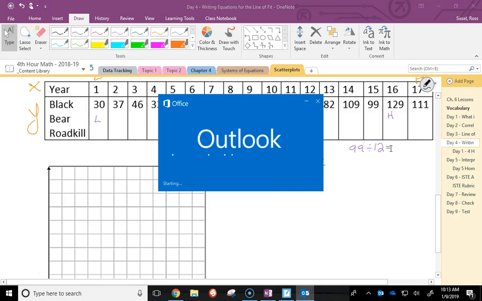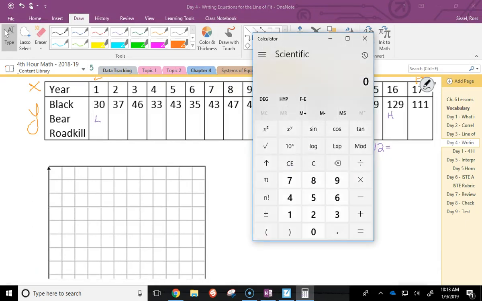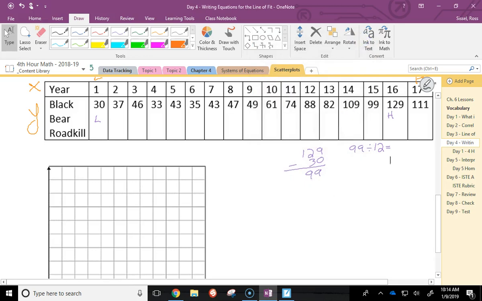Oops, that's male. So, let's see. Calculator. All right, 99 divided by 12, 8.25. So our scale has to be at a minimum 8.25.